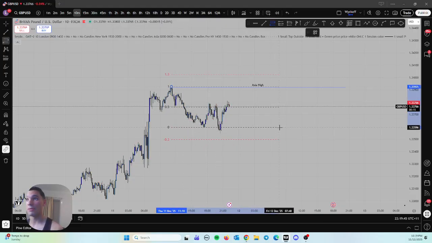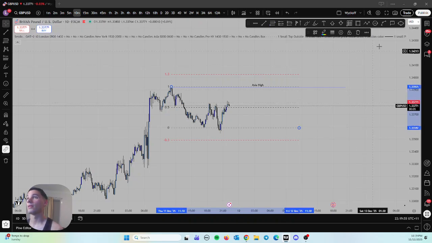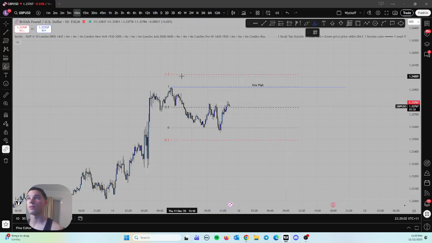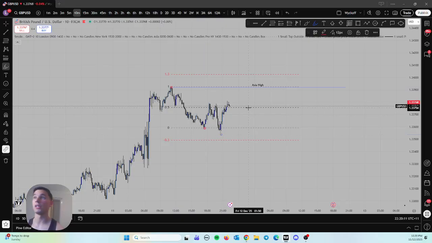This is going to have to be my range. Not the nicest, but it's a range. But yeah, we're looking for an accumulation here.